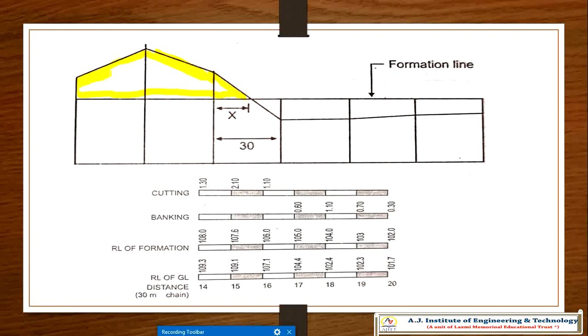You should have a datum line first of all. On that datum line you just draw a line. So this will be falling under that.